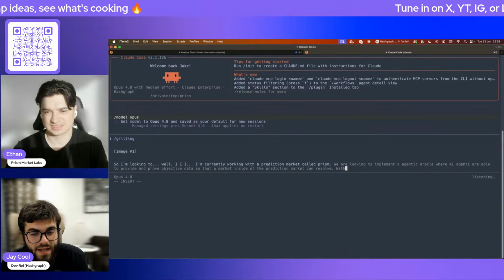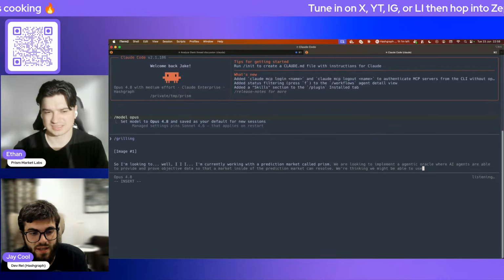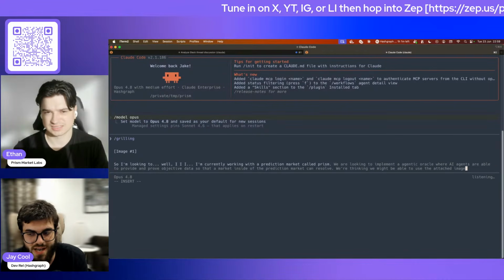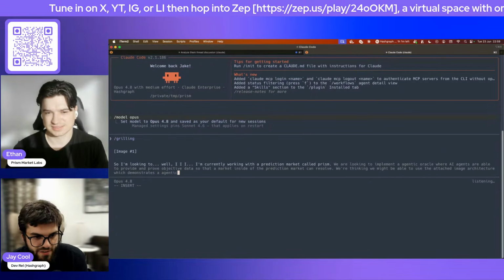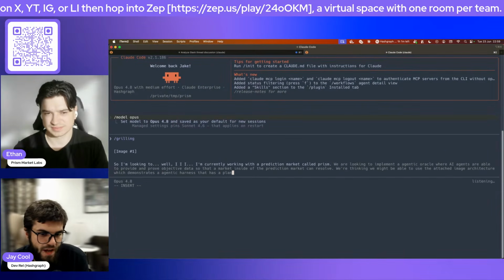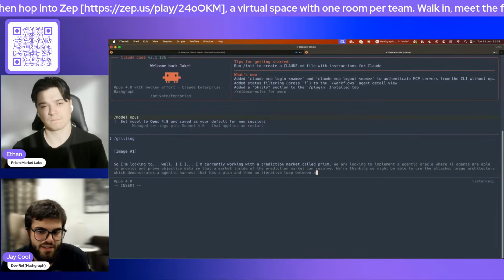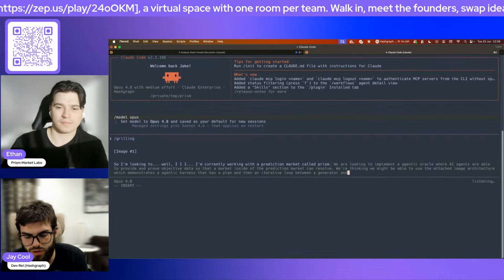We're thinking we might be able to use the attached image architecture, which demonstrates an agentic harness that has a plan and then an iterative loop between a generator and evaluator.